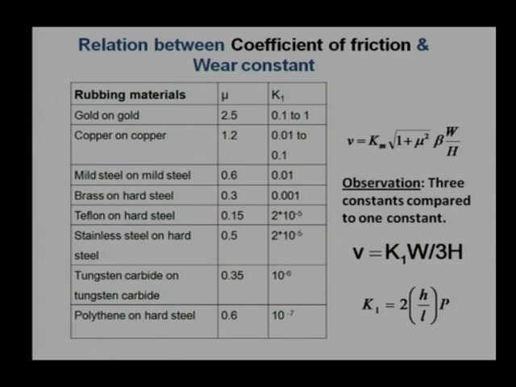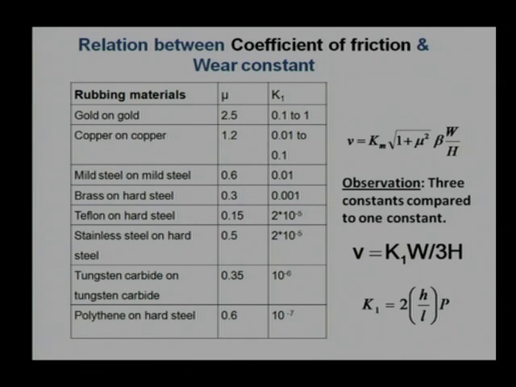So, to some extent this kind of relation can be accepted as it is, but the only difficulty is how to find out h, how to find out the length, and how to find out the probability. Even though we know that if we do a number of experiments, h and L will keep coming in this. So, it can be interpreted in a qualitative manner, not in a completely quantitative manner, because we require to find h and L and a statistical distribution, and based on that find out what will be the wear rate.